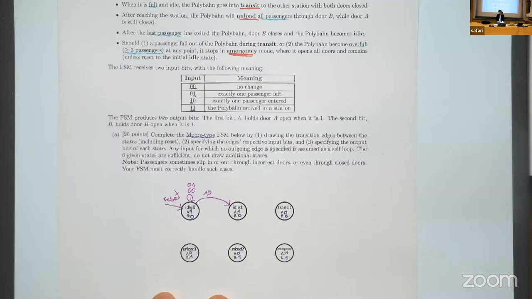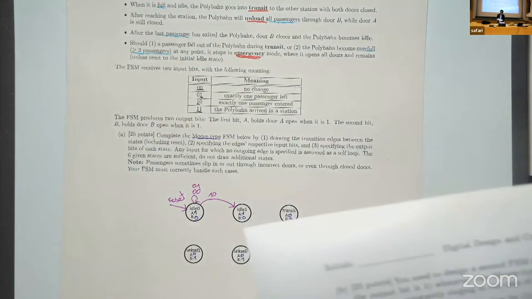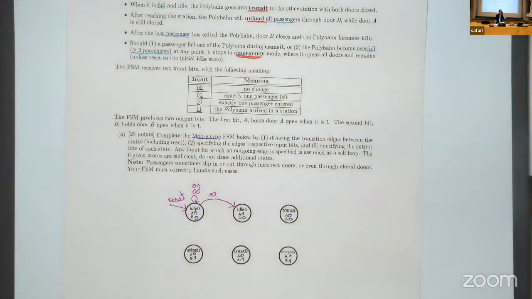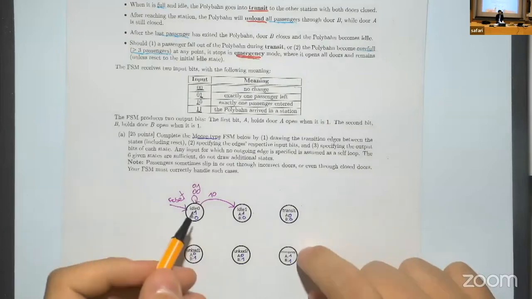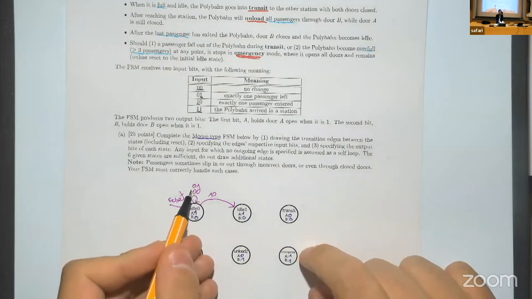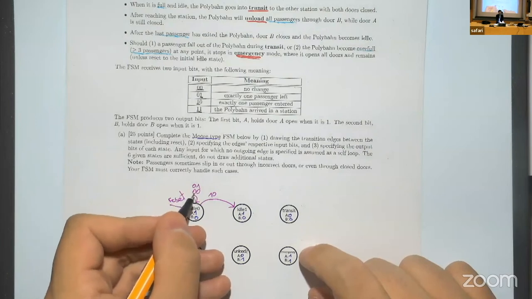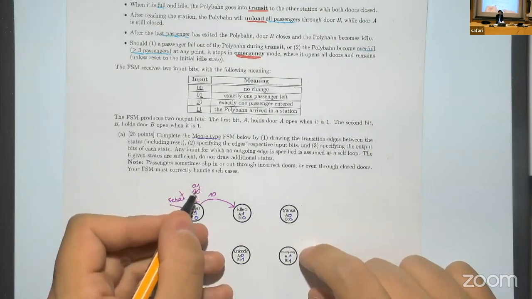I guess it gets a bit more tricky in the Mealy type FSM. You need to be a bit careful with the output bit so you don't confuse input and output bits. So basically, it's fine to essentially ignore states that don't make sense or edges that don't make sense, but you should define them in some way.